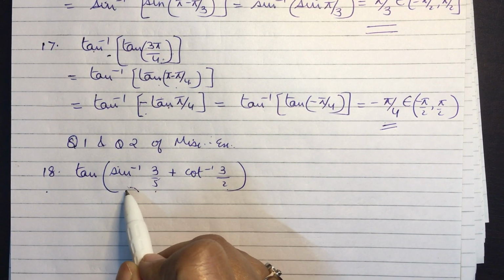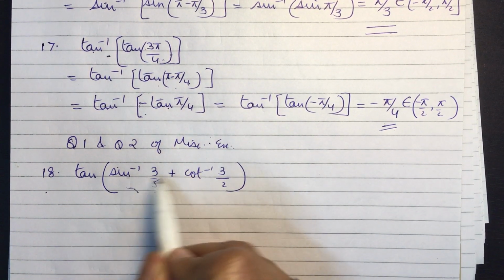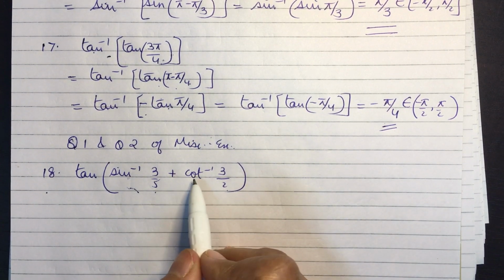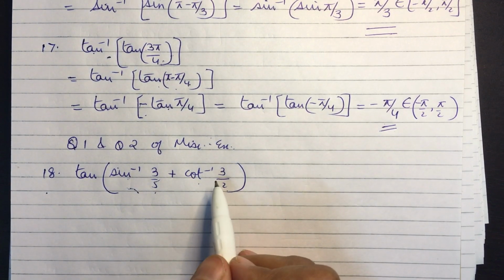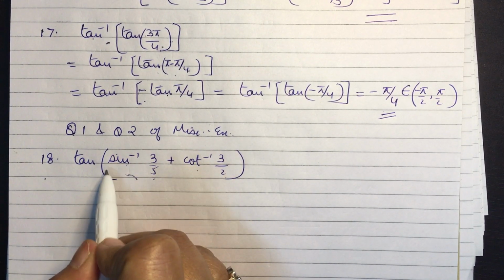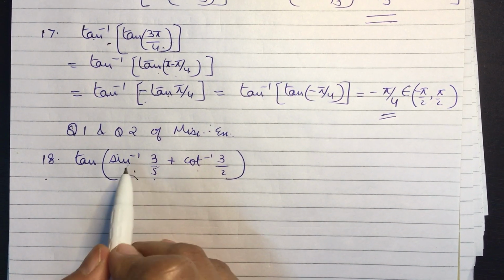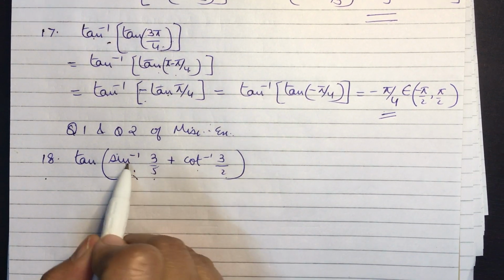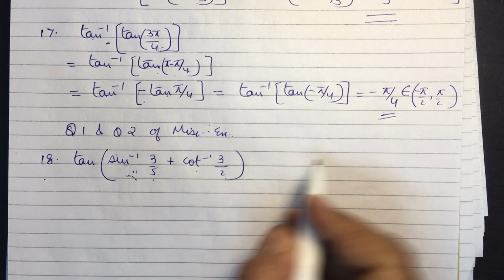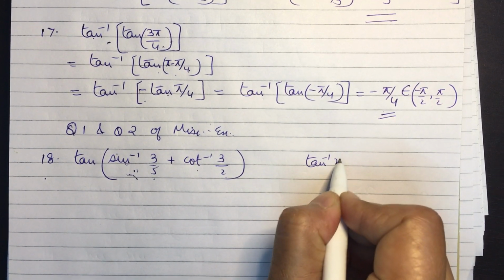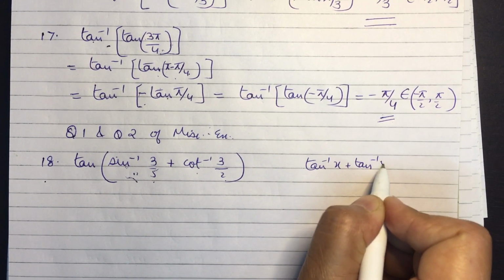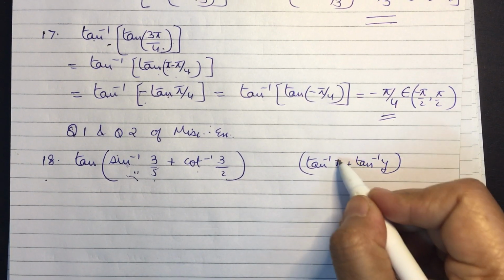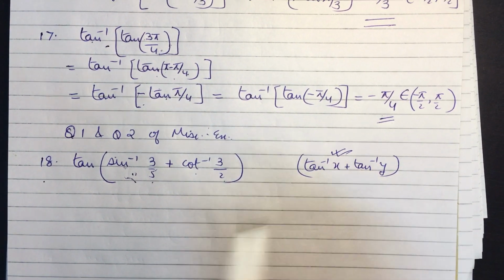So also we don't know any property involving sine inverse plus cot inverse. So what we do, in all of the questions of this kind, is convert everything to tan inverse, because we have done the result for tan inverse x plus tan inverse y, and we know how to use them.